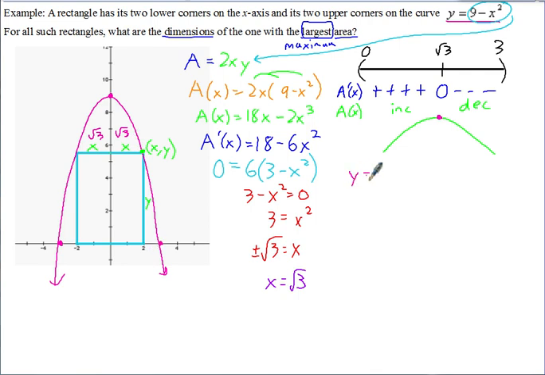To get what y is, you just go back to this equation. y would be 9 minus square root of 3 squared. Square root of 3 squared is just 3, so you get 6. So y equals 6, so you'd have 2 root 3 units, which are units because it's on the x and y axis, by 6 units. Those would be the dimensions.